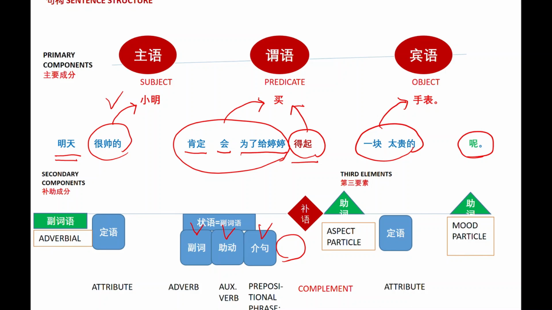Please take note of the different positioning of the words.